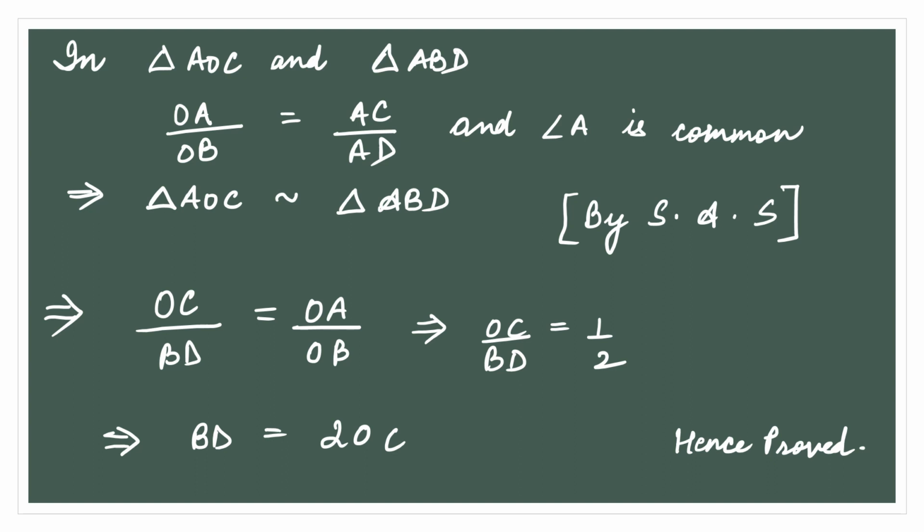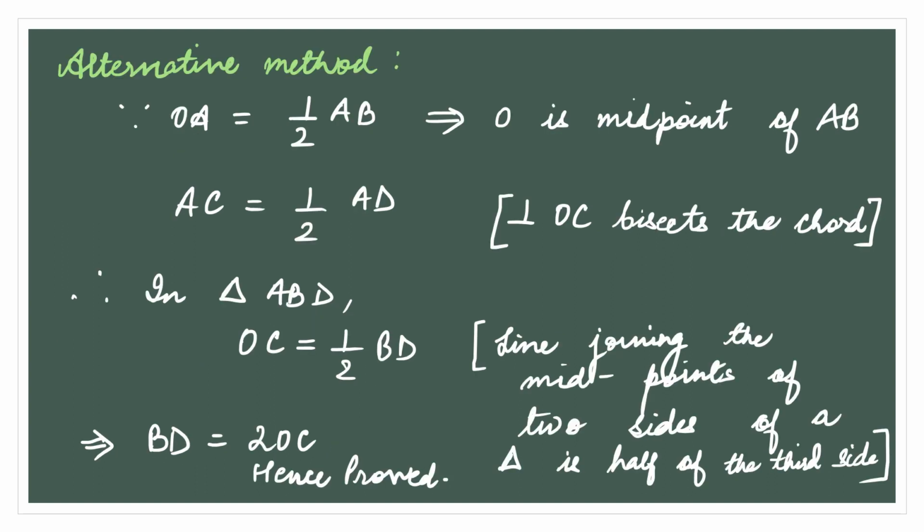Okay, an alternative method is also there, children. First, we know that because OA is equal to half of OB, therefore it implies that O is the midpoint of AB. Therefore AC is equal to half of AD. Therefore, OC bisects the chord.